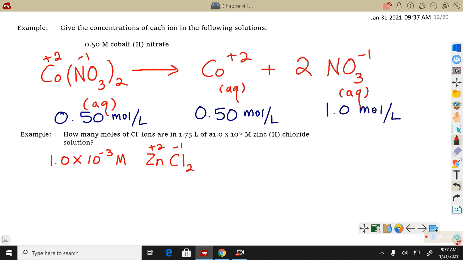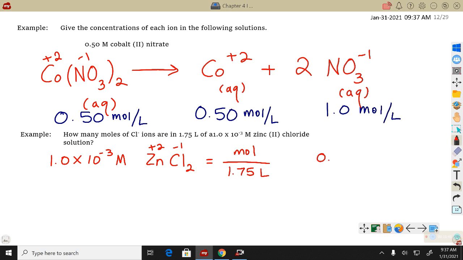Okay, so I've got the concentration, I've got the formula, and the other thing I'm given is the volume. So molarity equals moles over volume, let's solve this for moles. And I do have volume, and it is in liters. So I can cross multiply, solve this for moles.